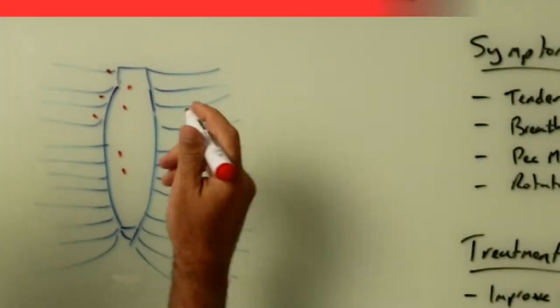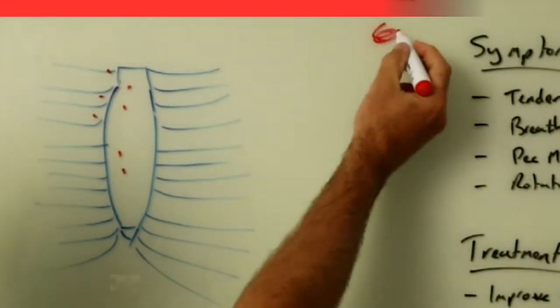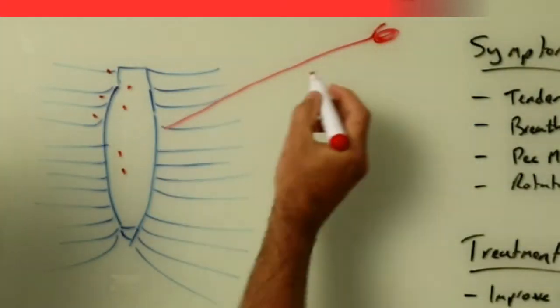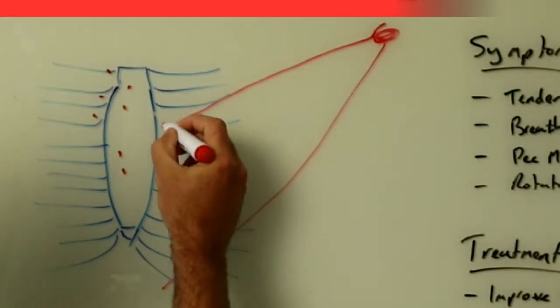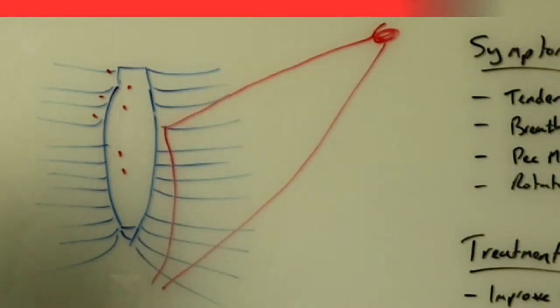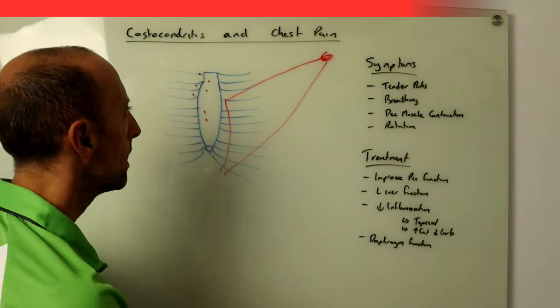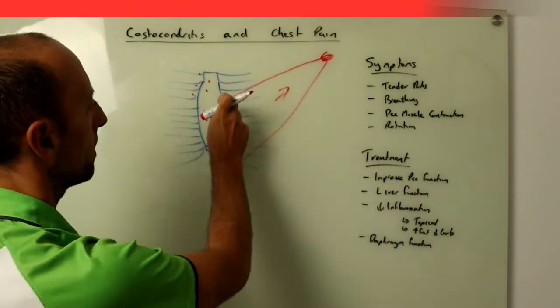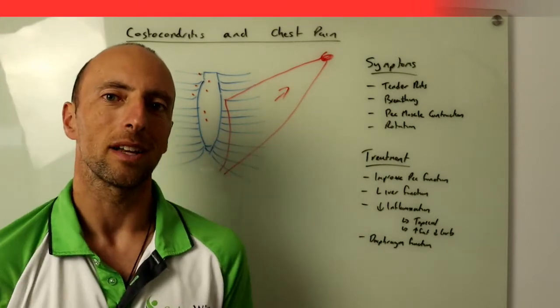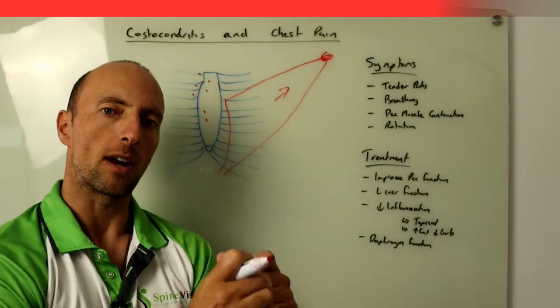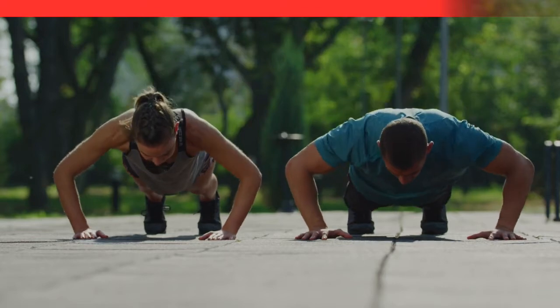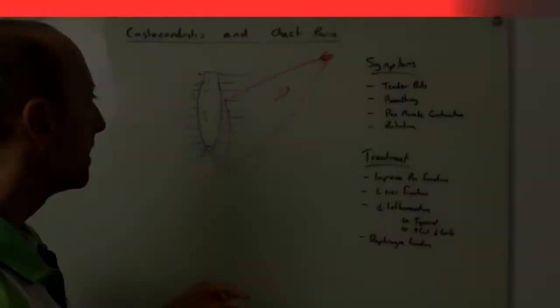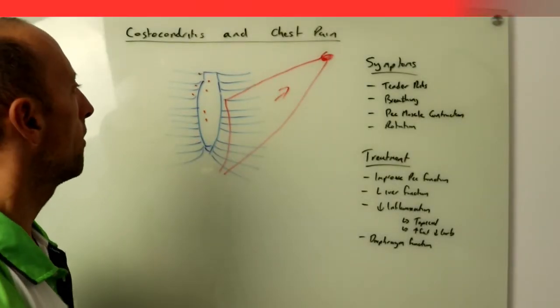If you imagine that's our ribs there, our pec muscles come from this top area here where our shoulder is, and spread right across that area, attaching all right through those areas along the ribs themselves. So when we get contraction of that muscle, it pulls on this area, and that's why it's so tender when you contract, whether you do a push-up or maybe even just reaching forward to the handle of the car. This is what sets that off.